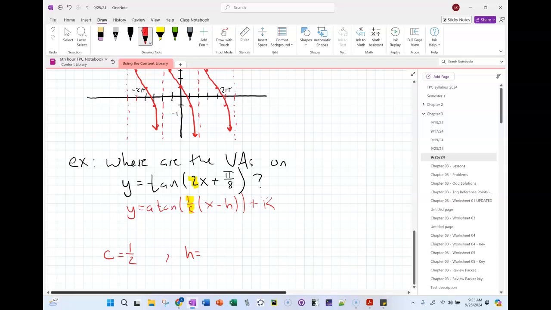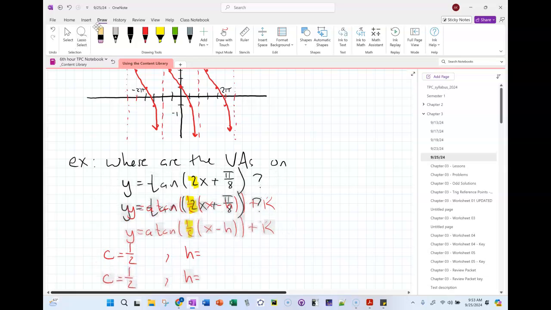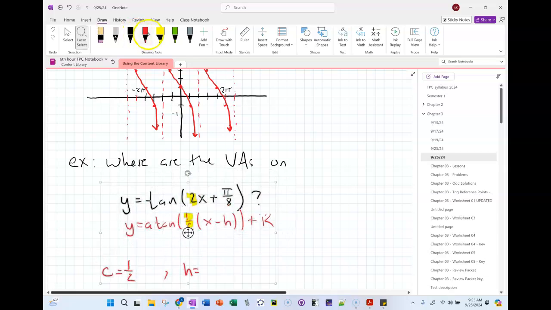But what do we need to do to h before we can find it? I'm going to have to factor, right? So if I factor that 2 out, what does pi over 8 become?